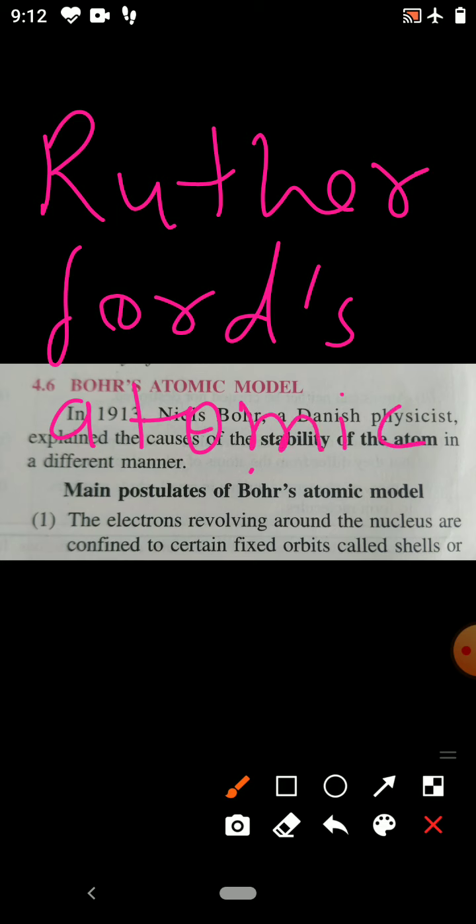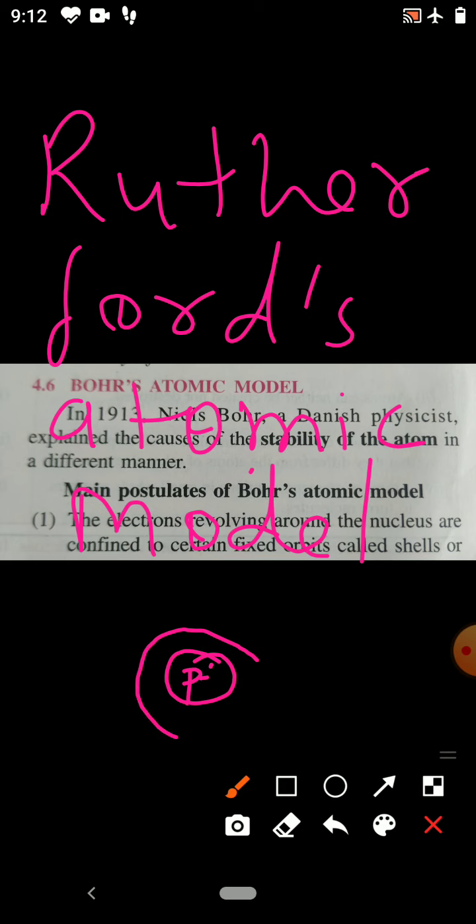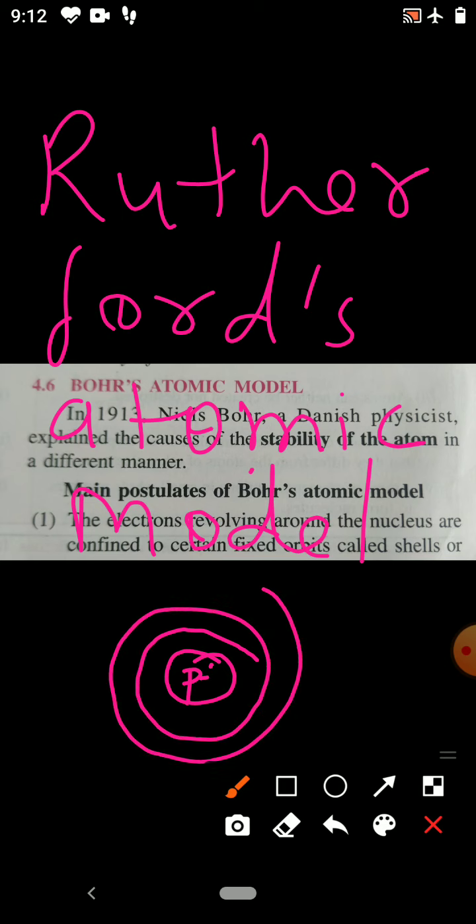in the center of the atom is the nucleus, and in the nucleus of the atom positive charge particles, protons, are found. Electrons revolve around the nucleus in an orbit.